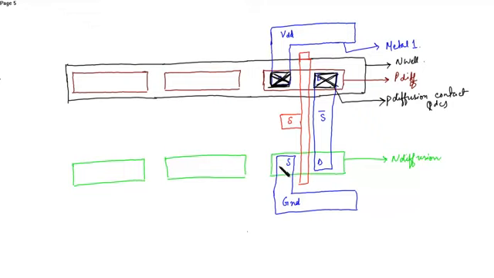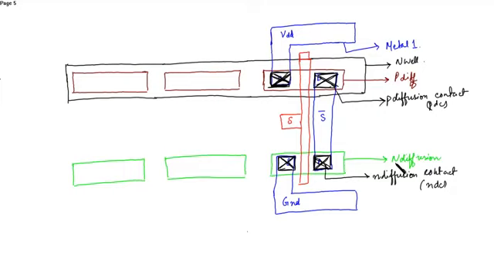Similarly, you need to place a contact over here in order to connect the N diffusion layer with the metal. So we need an N diffusion contact, or you can write it as NDC contact.